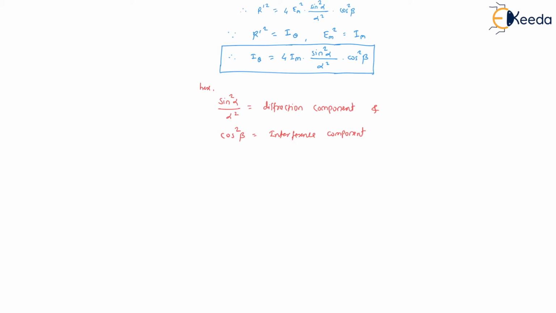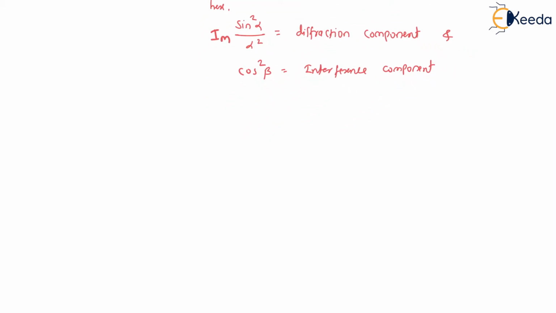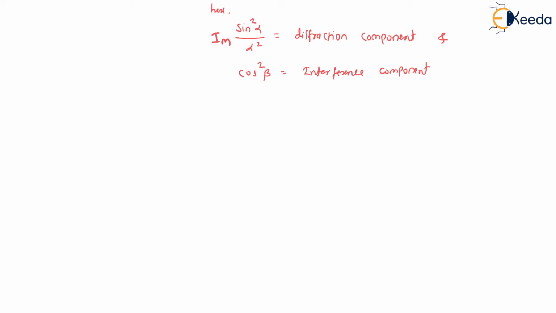So instead of writing only sine square alpha upon alpha square, here we will write this Im too. So this Im into sine square alpha upon alpha square will be the diffraction component, and cos square beta is the interference component. So first of all, let us find out the condition for minima and maxima.